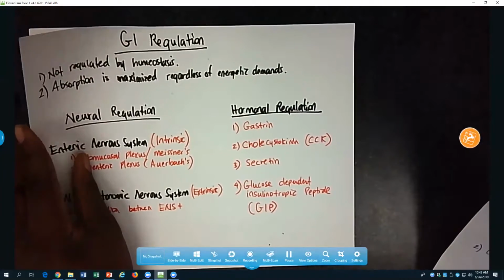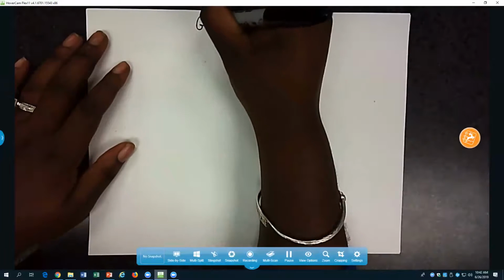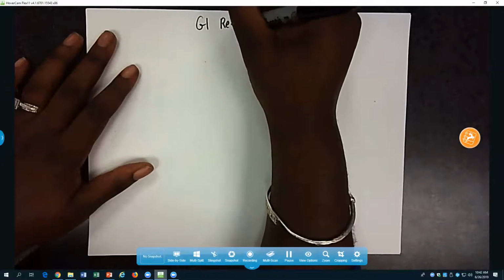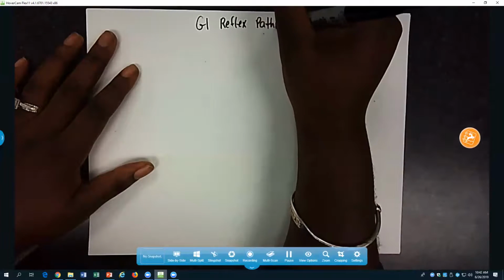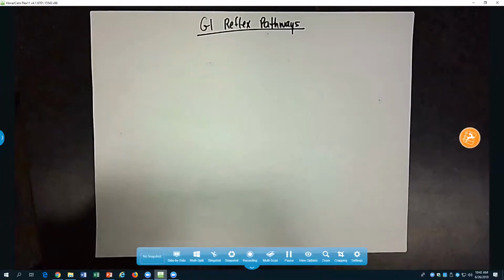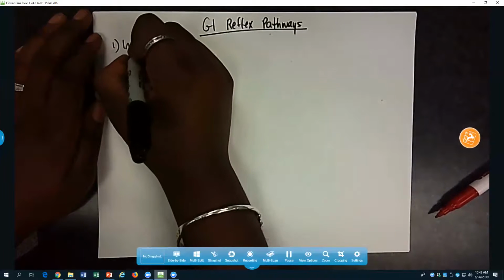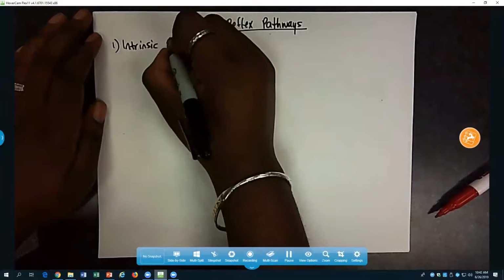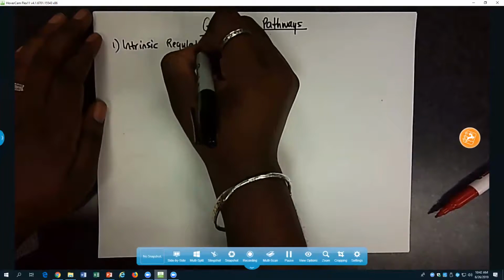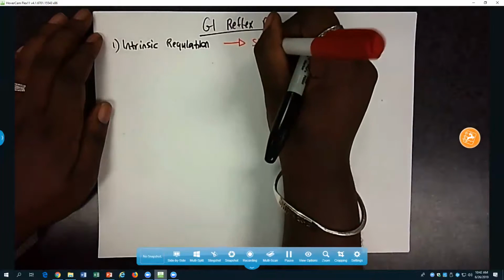So let's talk about the 2 reflex pathways that are involved in the GI regulation. Right? So again, the intrinsic regulation is going to involve a short reflex pathway.